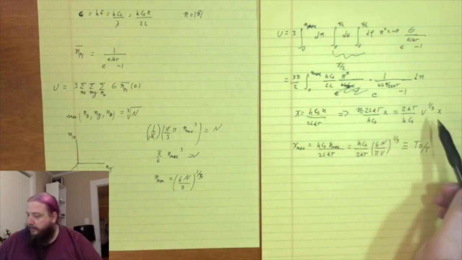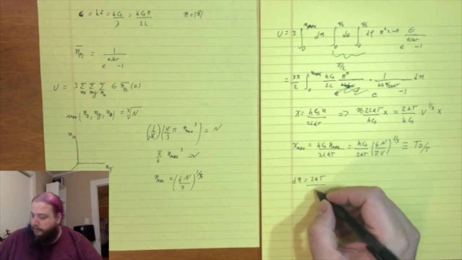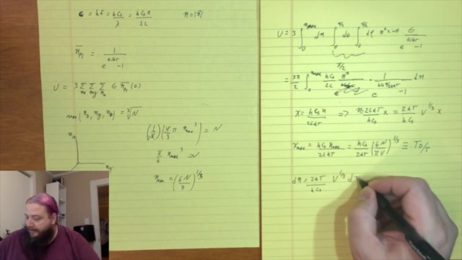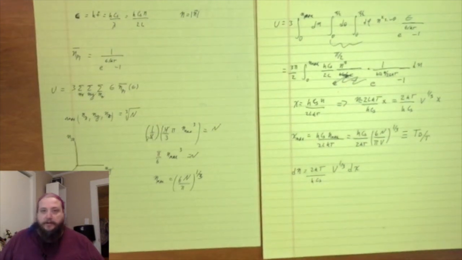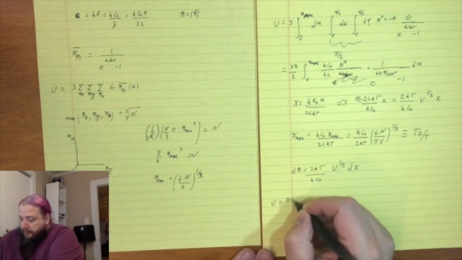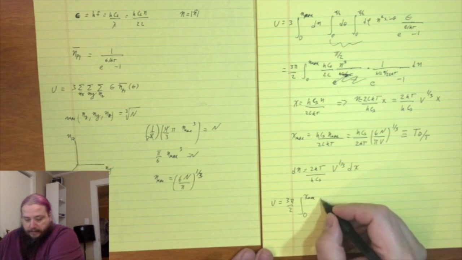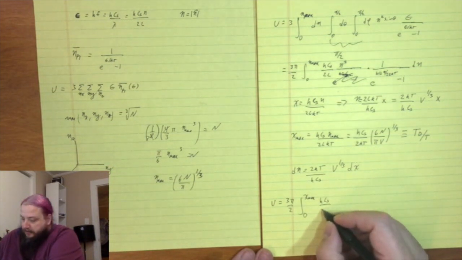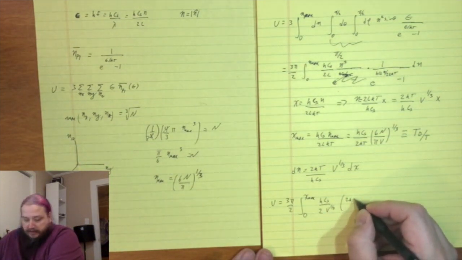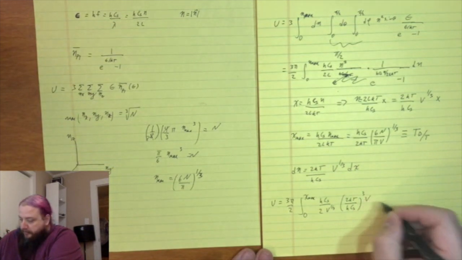We can then, given this, calculate a dn here, which is 2 kT over Planck's constant times sound speed times volume to the 1/3 dx, and plug all this into our integral equation: 3 pi over 2, and the integral from 0 to x max of Planck's constant times the sound speed times 2 over volume to the 1/3 times 2 kT over Planck's constant and the sound speed cubed times the volume.